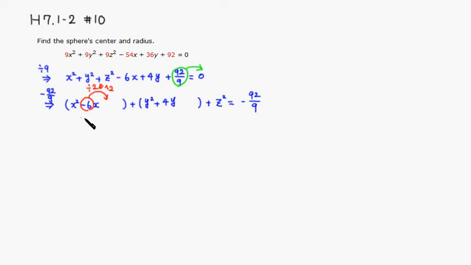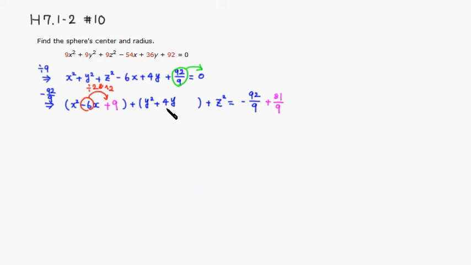So negative 6 divided by 2 is negative 3. Square that, you get positive 9. So we need a plus 9 here. If you add 9 to the left hand side, we have to do the same thing to this side too. So plus 9. Maybe I can write it as 81 over 9, the same thing as 9. I'm just taking a common denominator.